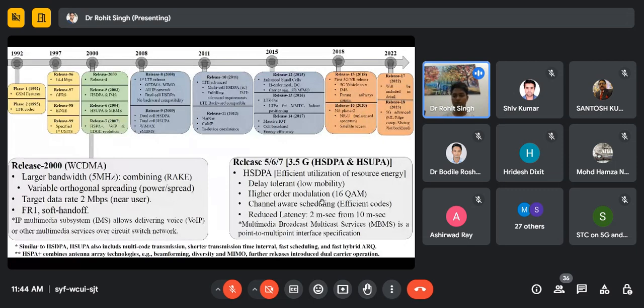So we can now accommodate higher order modulation. In the previous generation, we moved from 2 PSK to 8 PSK. Now again we are increasing the modulation order up to 16 QAM. That means from three bits per symbol, we are now increasing up to 4 bits per symbol.